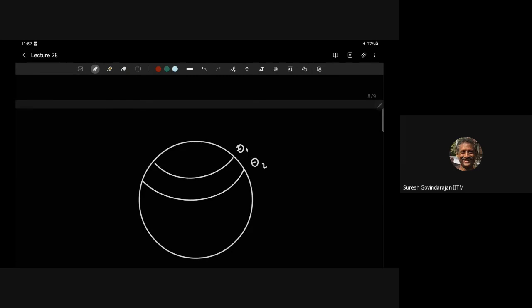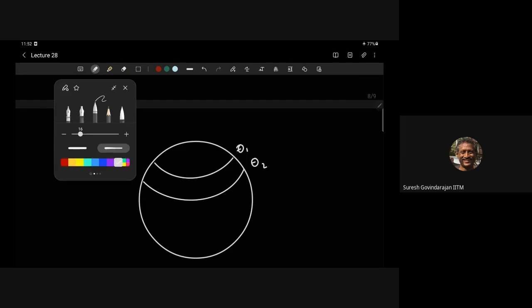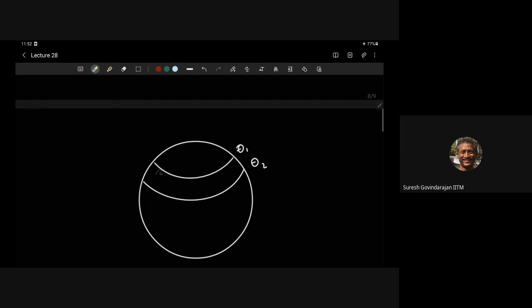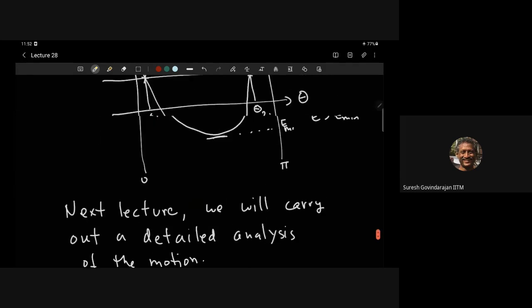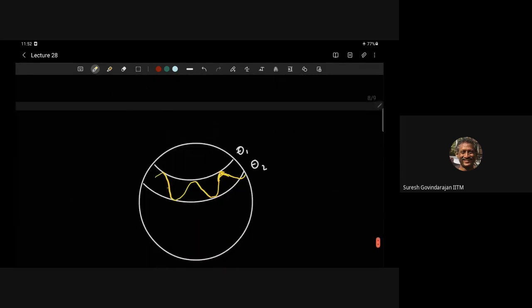Okay, so what is going to happen is, just focusing on the theta motion, these are the turning points, theta 1 and theta 2, so the motion will look like this. Suppose we touch this. So this is what we will see.